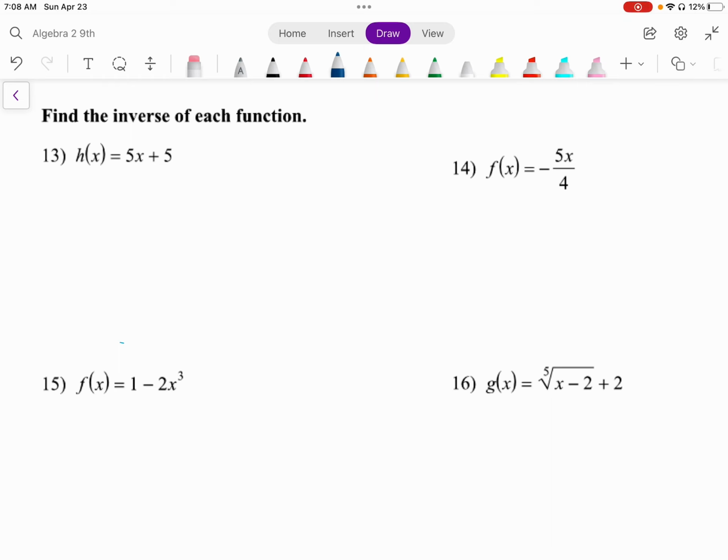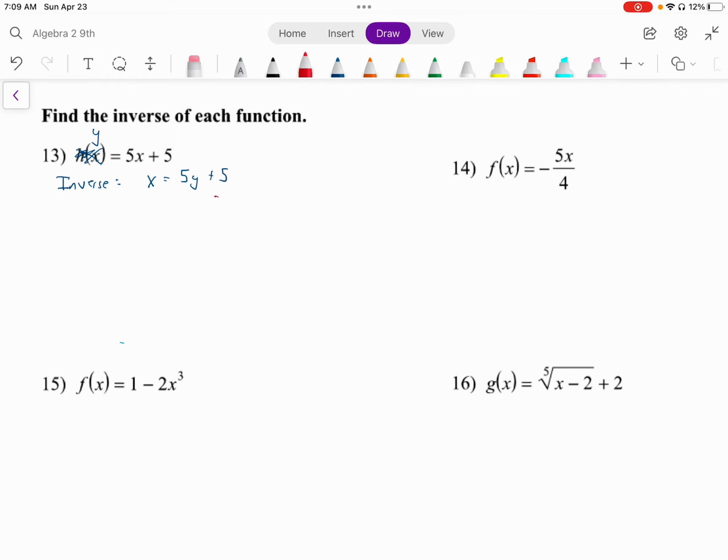So in number 13, we are going to think of this as y equals, and so our inverse, we're going to switch x and y. So we'll say x equals 5y plus 5. And now what we do is we use our algebra to solve for y.